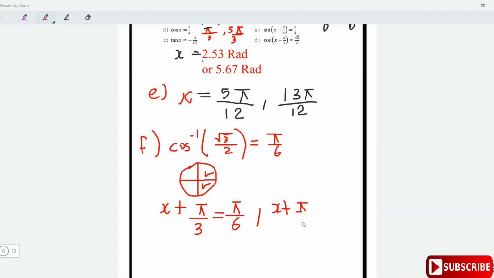The corresponding angle in the fourth quadrant is 2 pi minus the angle in the first quadrant. So that's 2 pi minus pi by 6.